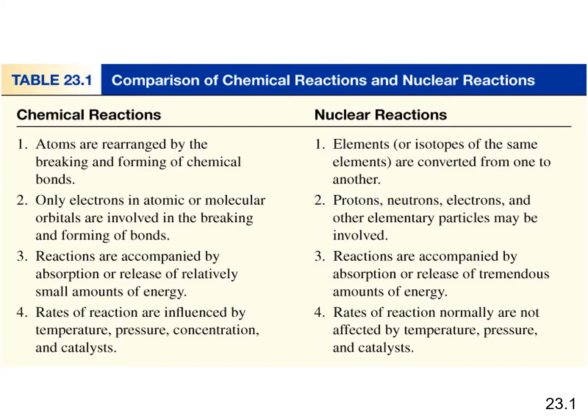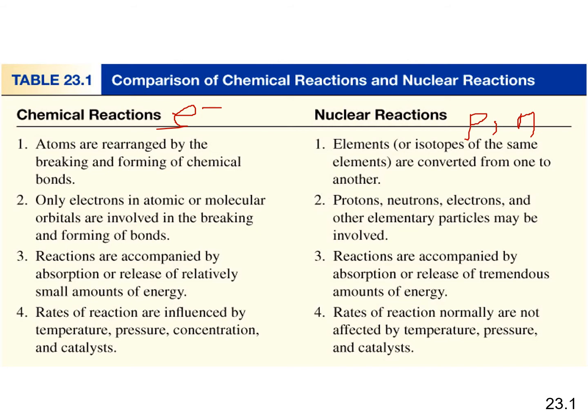So basically, this is the comparison between the usual chemical reactions, which involve electrons, and our nuclear reactions, which involve the protons and the neutrons. For the usual common chemical reactions, atoms are rearranged by the breaking and forming of chemical bonds.